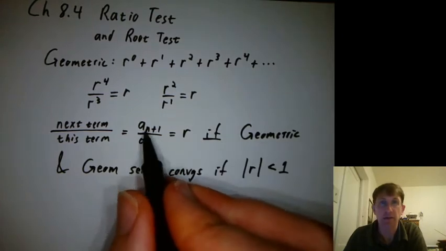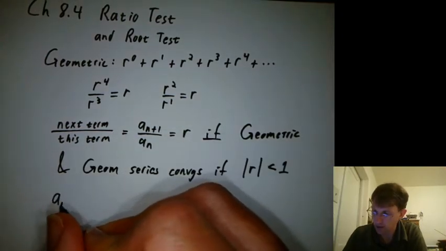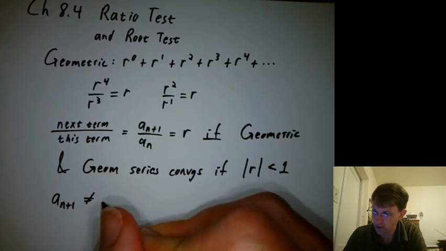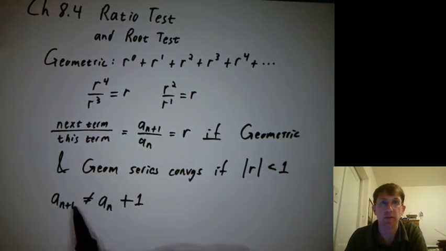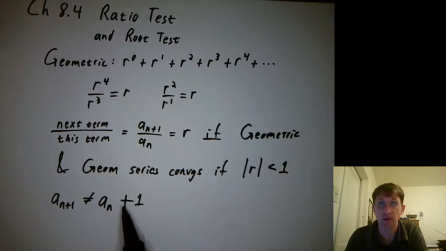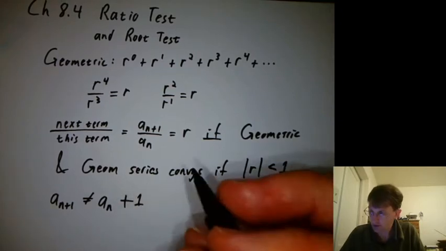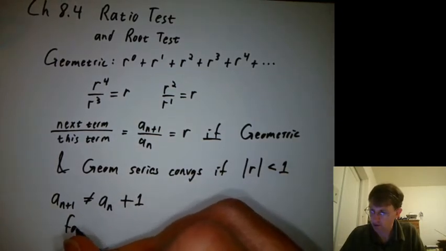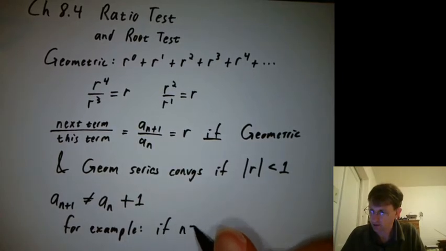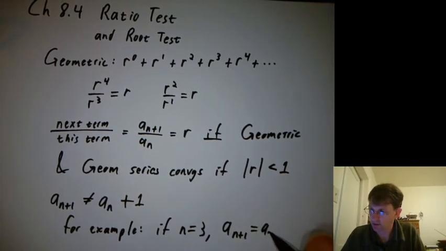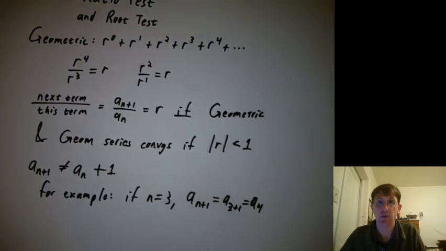I want to emphasize this notation here, a sub n plus 1. I don't mean just take the current value of a sub n and add 1. I really mean the next term in the sequence after a sub n. So for example, if n equals 3, a sub n plus 1 is a of 3 plus 1, which is a of 4.